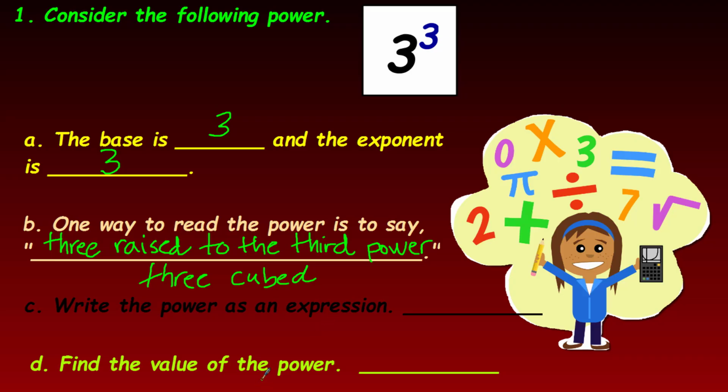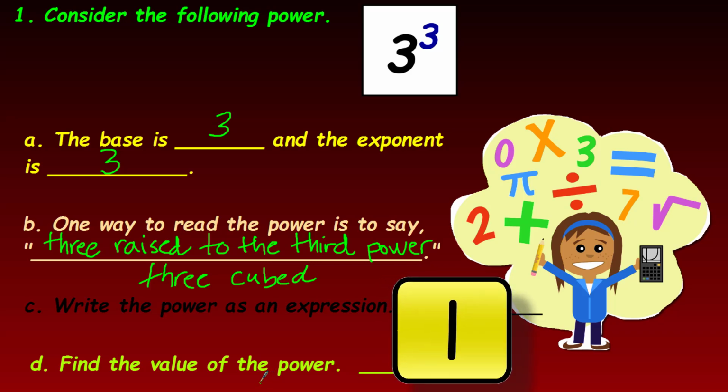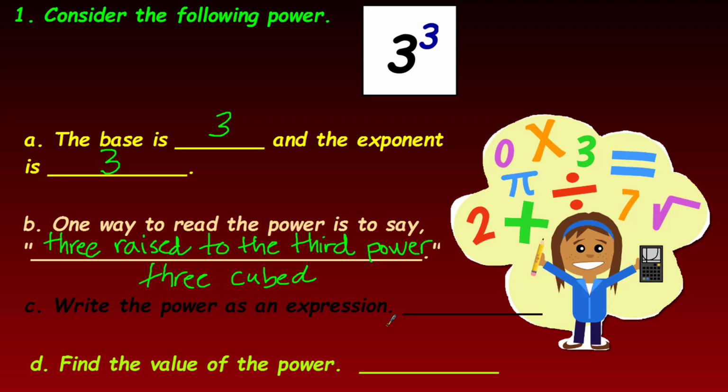Write the power as an expression. Well, 3 raised to the 3rd power is the same thing as saying 3 times 3 times 3, because that's what the exponent tells us. It tells us that the base is going to multiply itself 3 times. It does not mean 3 times 3.